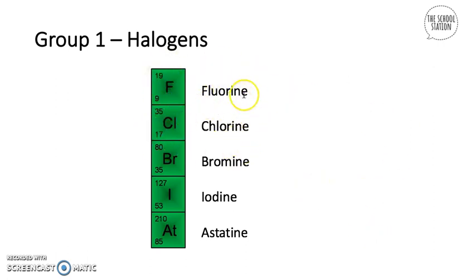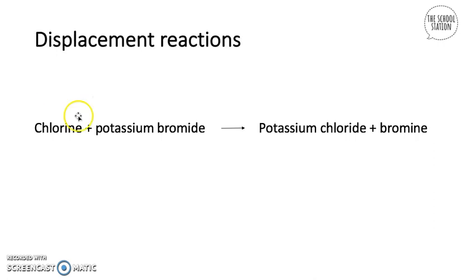So chlorine is more reactive than bromine, and since a more reactive halogen will displace a less reactive halogen, what happens here is that the chlorine takes the place of potassium, and the bromine gets left over because bromine is less reactive than chlorine. That's what you would call a displacement reaction. I hope you have understood that a more reactive halogen just takes the place of a less reactive halogen.